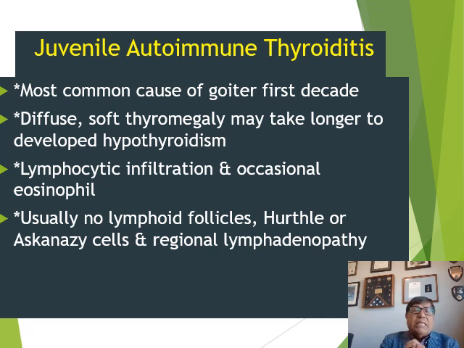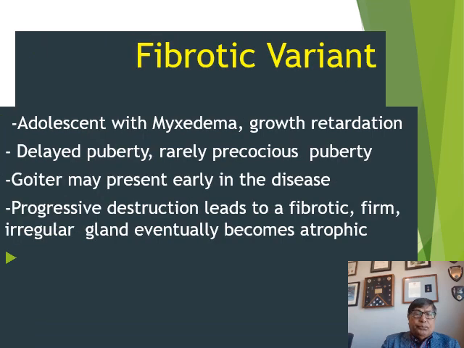Hurthle or Askanazy cells are absent; these cells are characteristic of Hashimoto's thyroiditis. And there is no regional lymphadenopathy, which in adult patients is seen rather commonly. These are the interesting things to note before we go to the next slide.